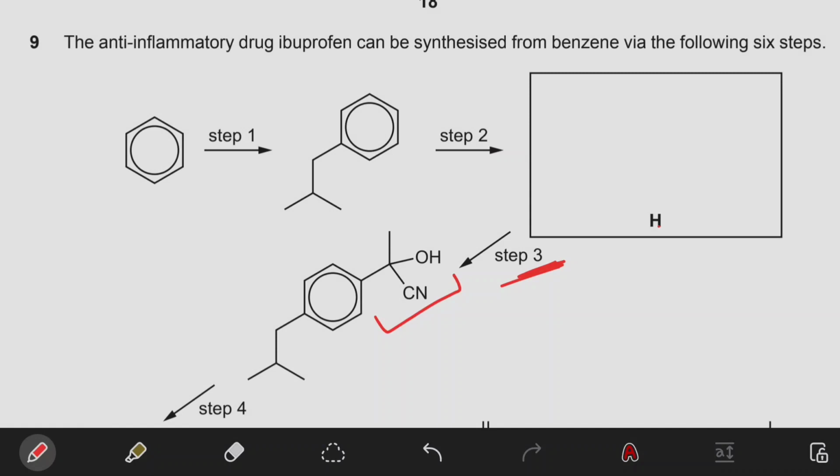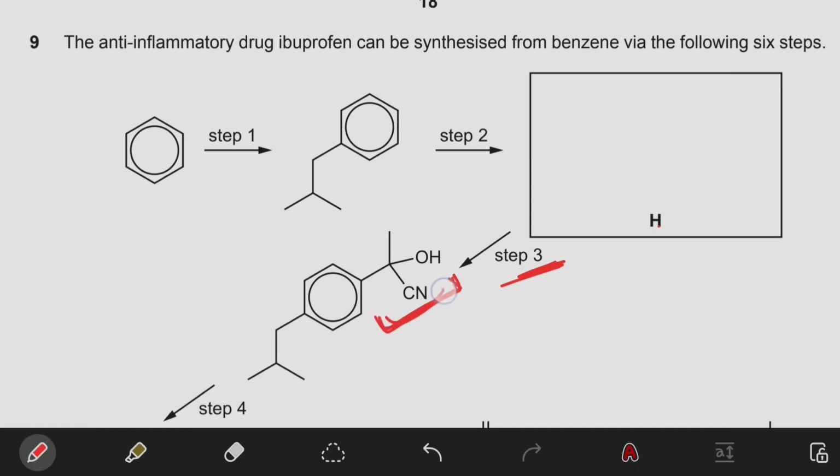ketone, because in AS level you must have studied the nucleophilic addition reactions of a ketone, where we use the reagent HCN and catalyst NaCN, and what happens is that the carbon double bonded to oxygen changes to carbon bonded to hydroxyl and nitrile groups.